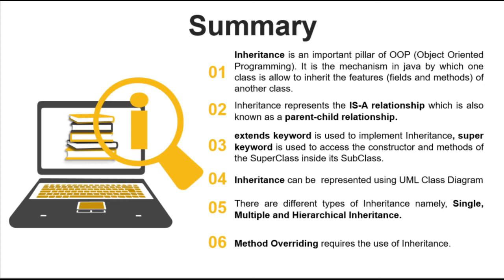Extends keyword is used to implement inheritance. Super keyword is used to access the constructor and methods of the superclass inside its subclass. Inheritance can be represented using a UML class diagram. There are different types of inheritance, namely single, multiple, and hierarchical inheritance. Method overriding requires the use of inheritance.